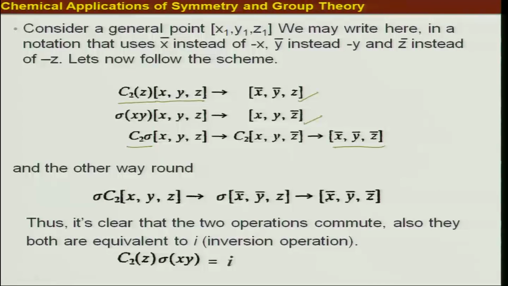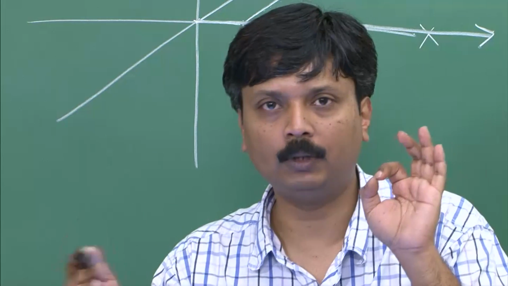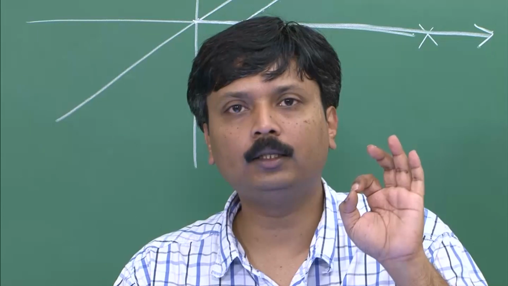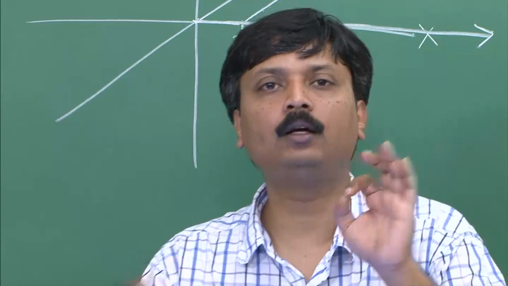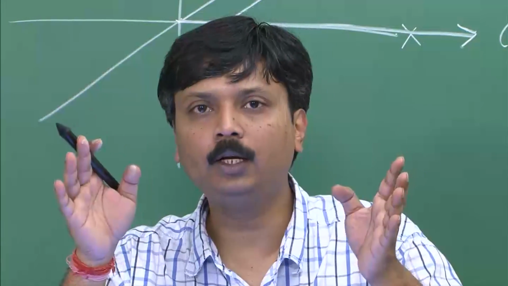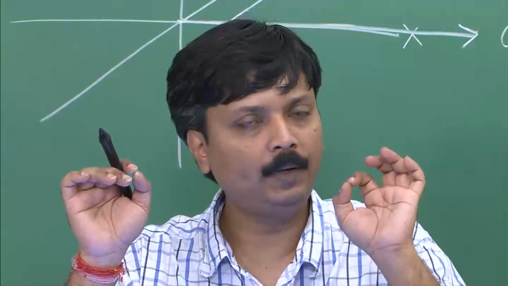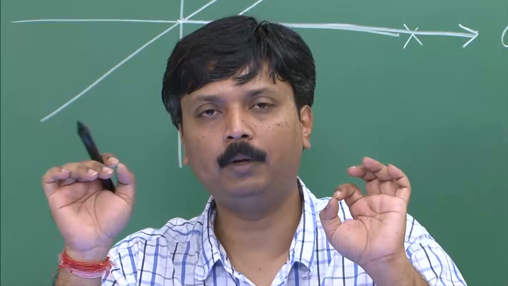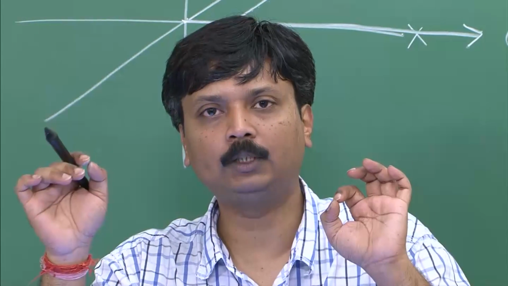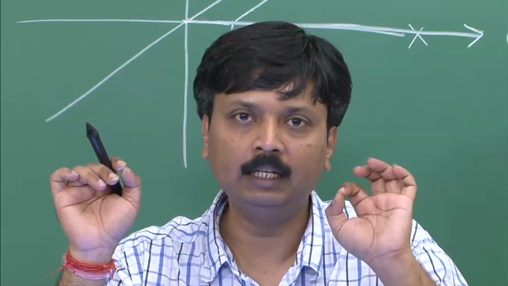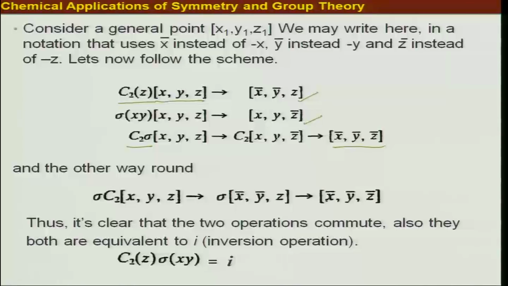Now think about it. You have x, y, z. You are doing this operation C2 followed by sigma, or sigma followed by C2 actually. Then you are getting x bar, y bar, z bar, which is a complete inversion of the point. You don't have to do anything. You immediately know that if some operation completely inverts the coordinates of a given point from x, y, z to minus x, minus y, minus z, or in other words x bar, y bar, z bar, then that operation must be an inversion operation, and that's exactly what is shown here.